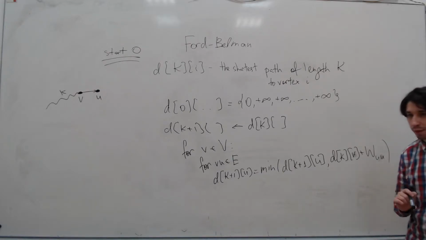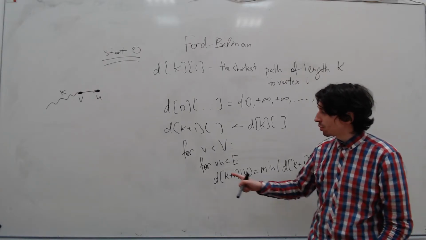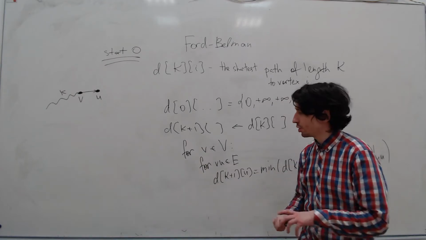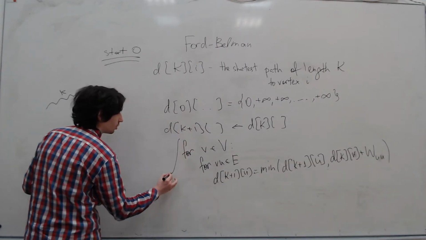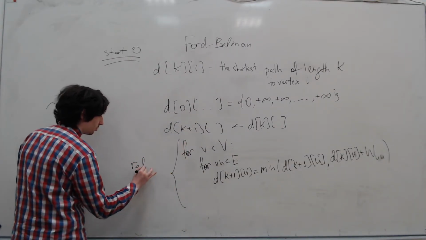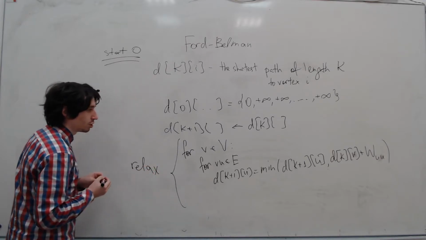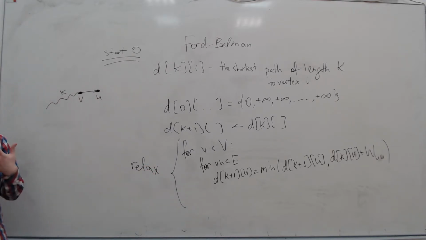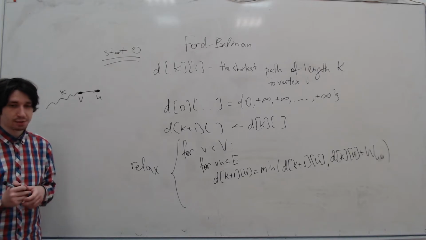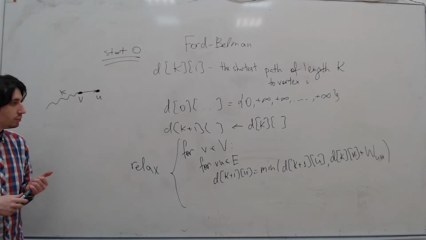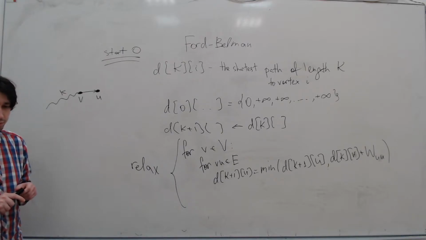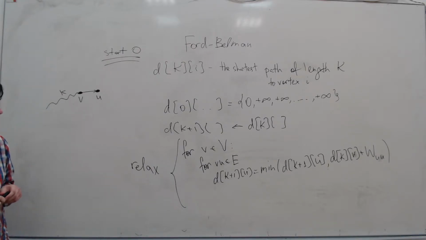Okay, can you tell me how many iterations we should do of this relaxation? So this is the relaxation. How many times should we do relax when we go from k to k plus 1?